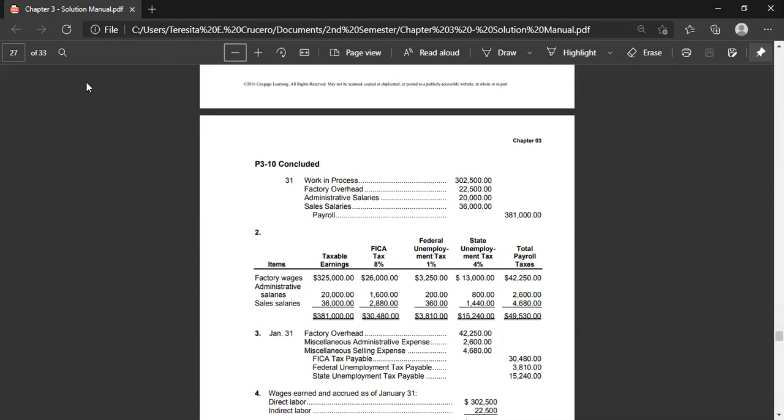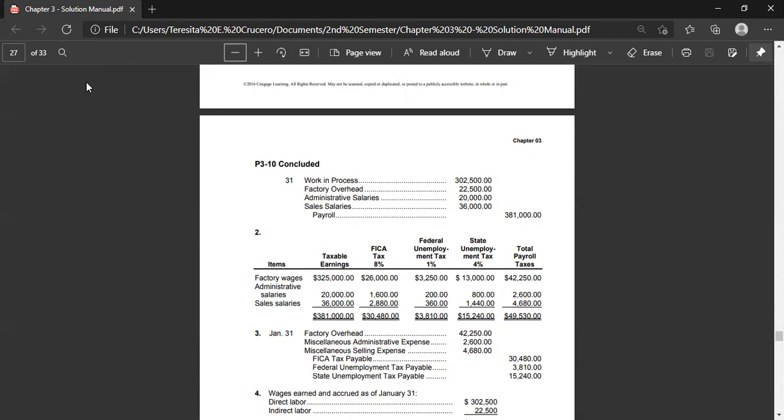Okay, requirement number 3, prepare the journal entry to distribute payroll taxes, assuming that the payroll taxes imposed on the employer for factory wages are to be charged to factory overhead. The taxes for administrative salaries charged to miscellaneous administrative expense, and for sales salaries to be charged to miscellaneous selling expense.